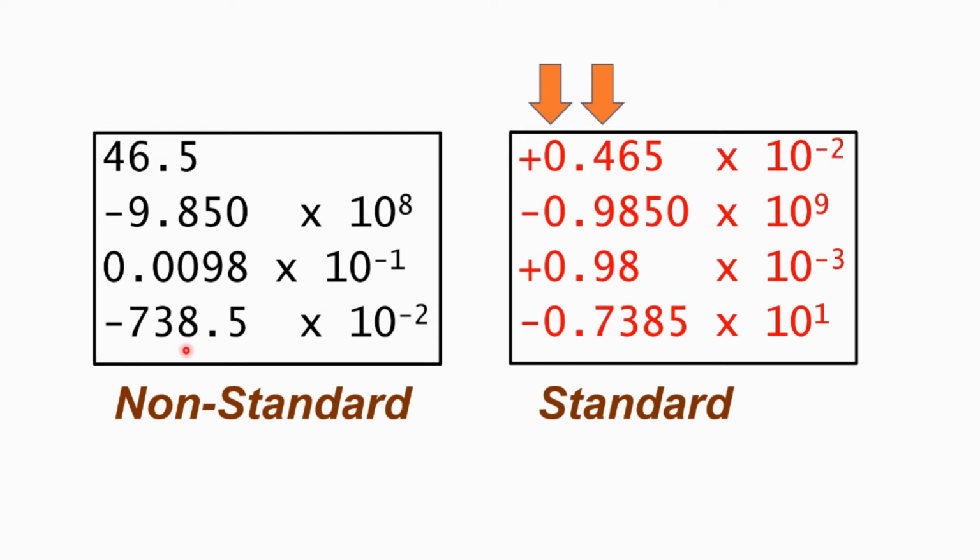Similarly, minus 738.5 into 10 to the power minus 2 can be written as minus 0.738 into 10 to the power 1. Here again all the digits to the left of the decimal point are 0 and the first digit on the right of the decimal point is non-zero. So these are all standard notations for the decimal numbers.